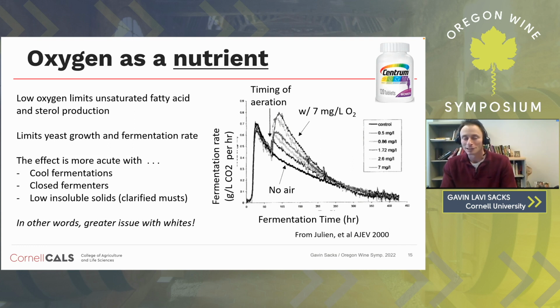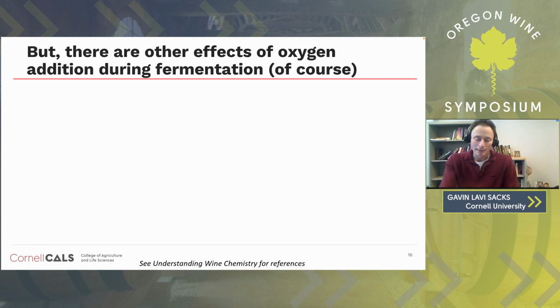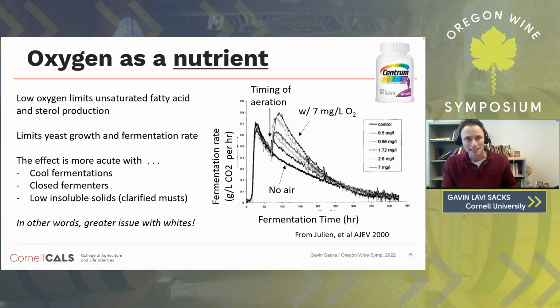Those conditions are also some of the most challenging for the yeast because they don't have as much oxygen available as a nutrient, but they also have the highest demand for that oxygen to make more unsaturated fatty acids. So it's pretty common, when you've got a fermentation that's going a little slow, for people to suggest, well, don't just add nitrogen or other nutrients, but also introduce air.